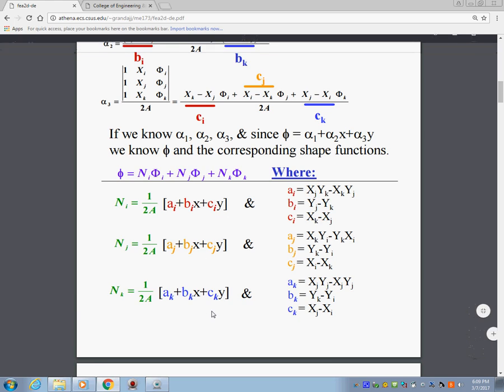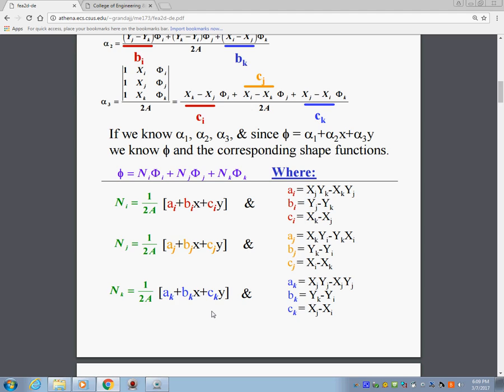In 2 dimensions, for i, j, and k, the shape functions are given by knowing the values of a sub i, b sub i, and c sub i, as well as a sub j, b sub j, and c sub j, and a sub k, b sub k, and c sub k.